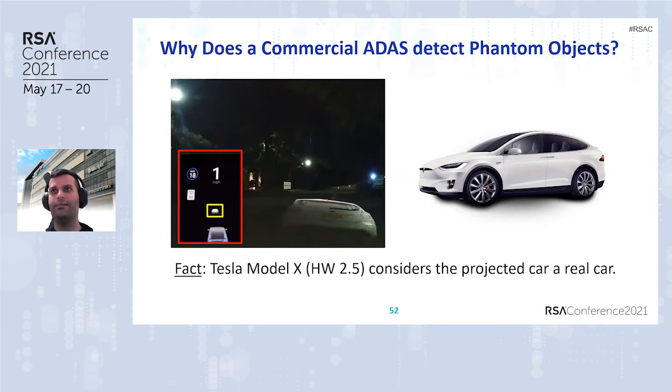So you would expect the radar to ignore this or consider this classification a false positive. However, as you can see on the left side, the picture taken from the dashboard shows that it is considered a real car by Tesla.